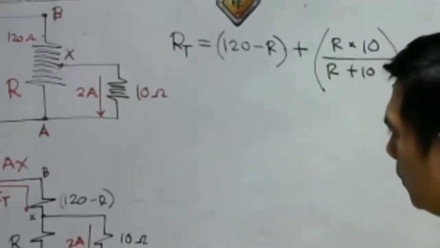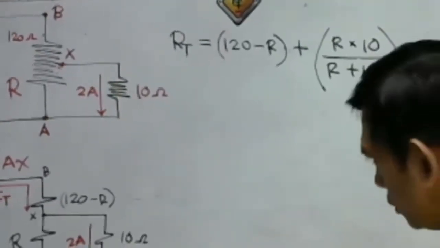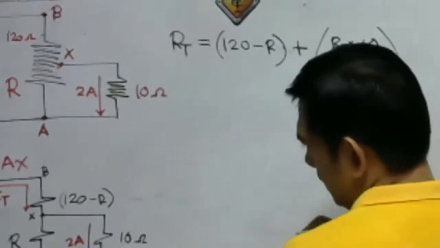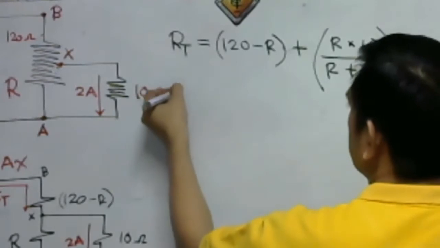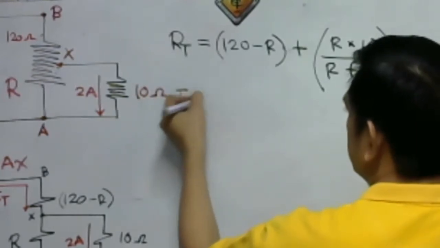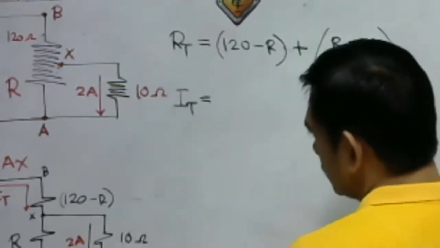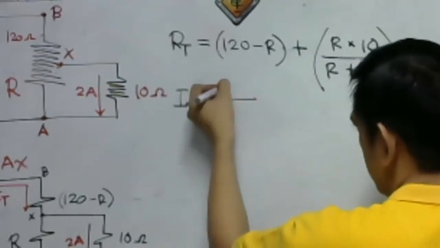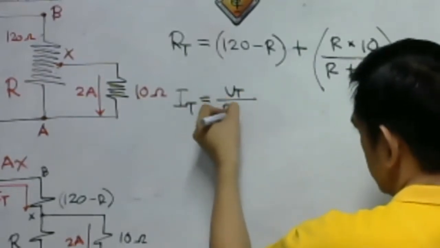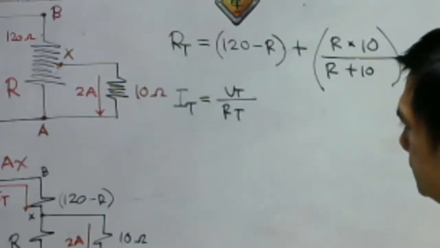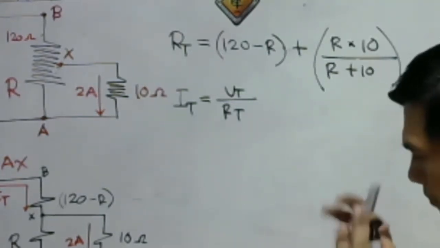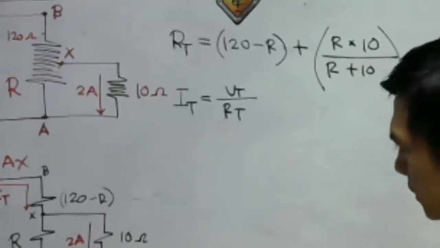But what is our I total? Take a look here. I total is equal to V total over R total. We can have here also this approach for our I total.